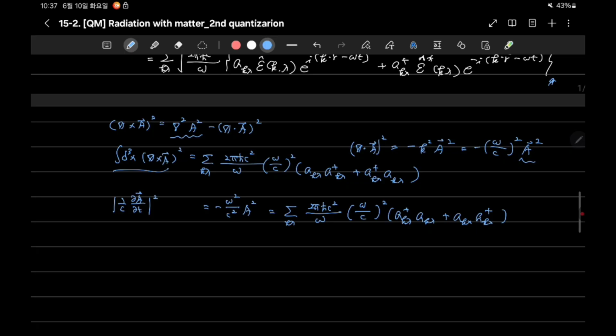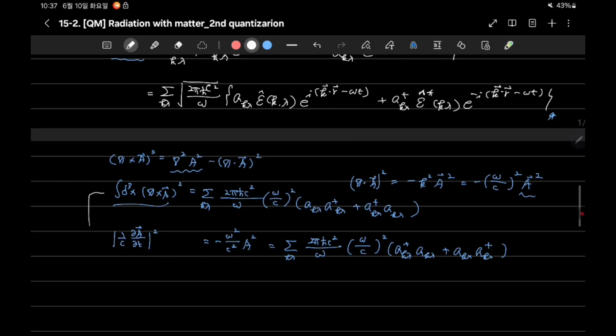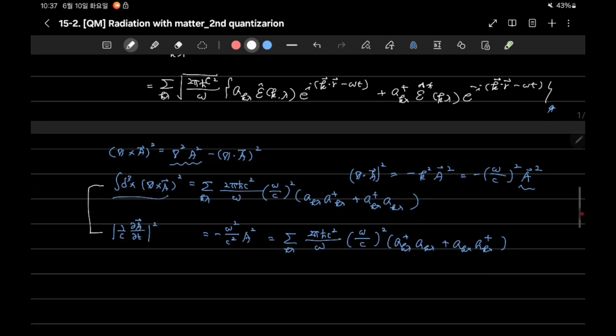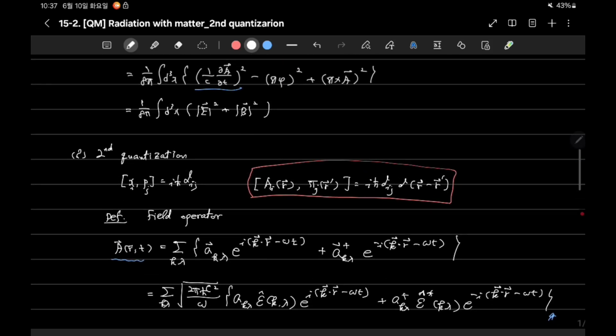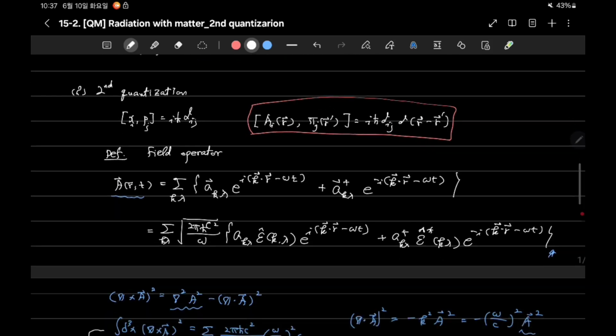So from this we get two terms. The resulting Hamiltonian is 1/2 the summation over k lambda of h bar omega, with 1 over 8 pi.